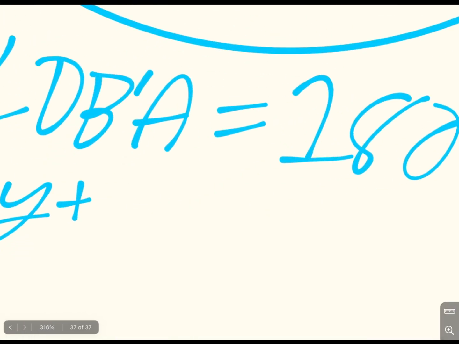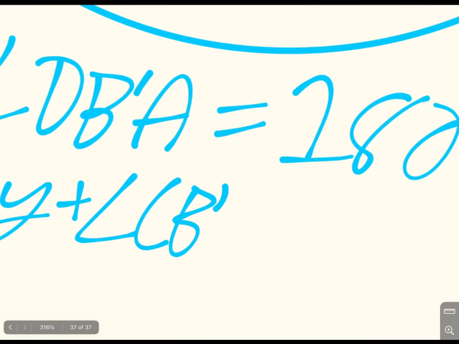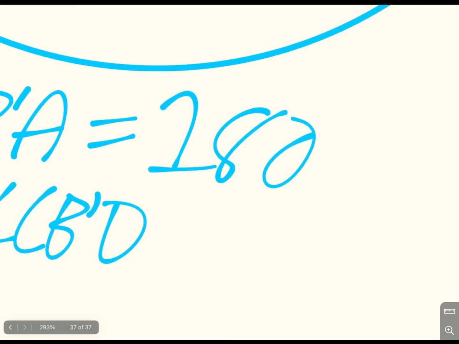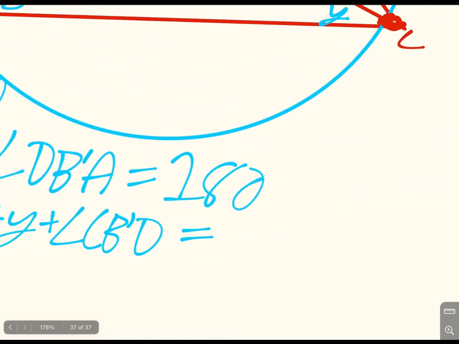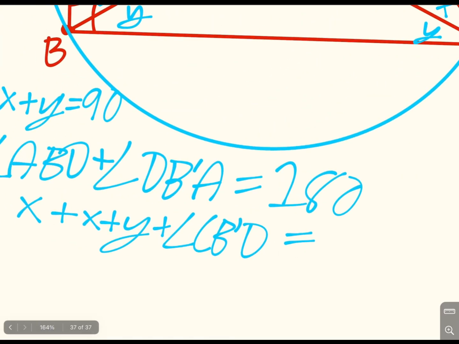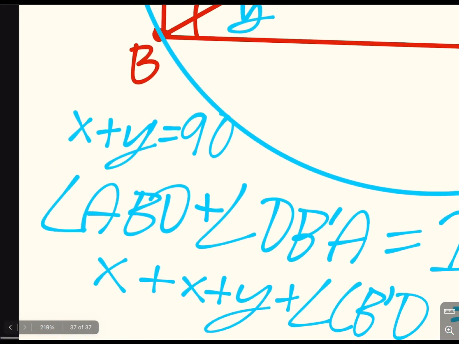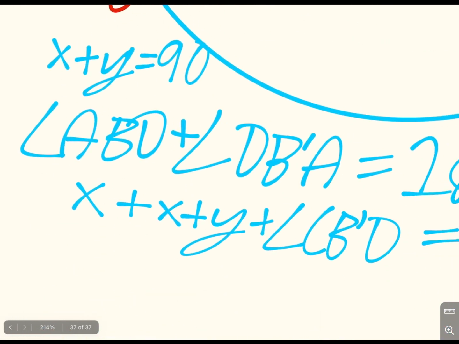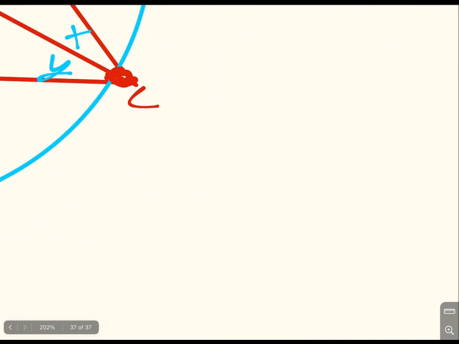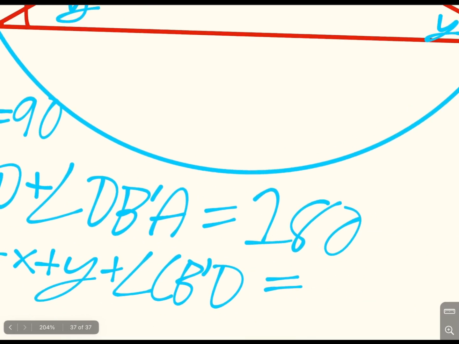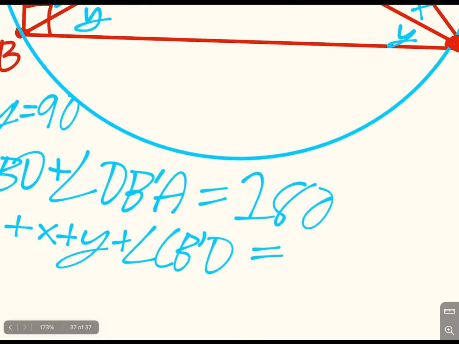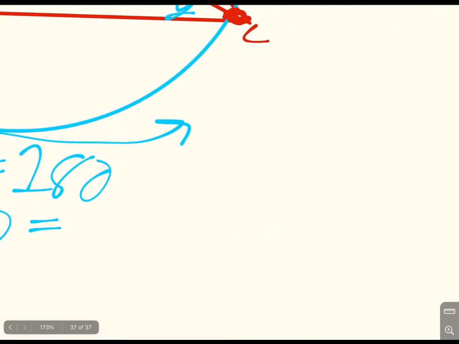We have angle CB prime D, and this is equal to 180, but we know that angle x plus angle y is going to be equal to 90 degrees. So if we just multiply this by 2, let's just draw a really ugly arrow over here.